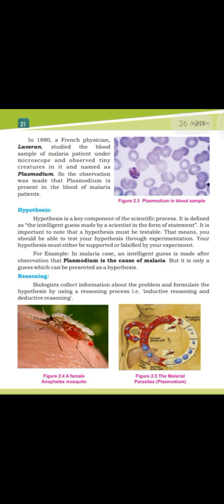He saw some tiny microscopic creatures and named them Plasmodium. So it was the observation of a malarial patient, and in case of malaria it was a new observation. And here what came? Plasmodium came here.